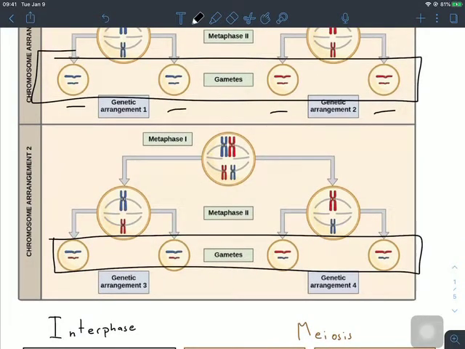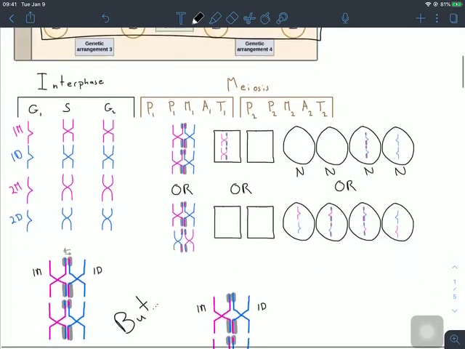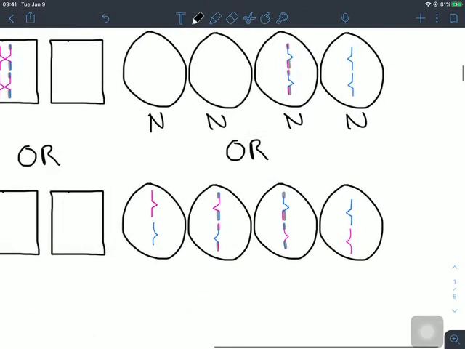In other circumstances, with that independent assortment, you can see that mom 1 or dad 1 might line up next to mom 2, and mom 1 might line up next to dad 2, giving you, again, different gametes. We illustrated this on our own, with pink indicating mom's derived, dad indicated by blue, and recombination illustrating the fact that all 4 of our gametes were genetically unique from one another.